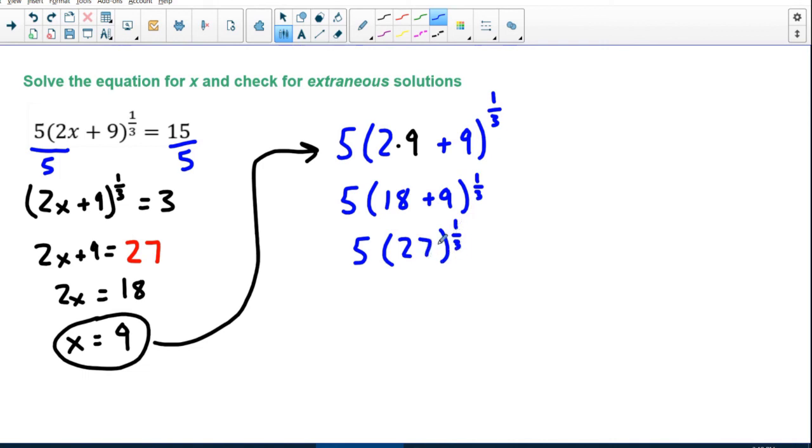The cube root of 27, just thinking backwards, 3 times 3 times 3 was 27. So this is going to be 5 times 3, and that's going to give us 15. So this is good. This answer is not extraneous. This is the correct solution.